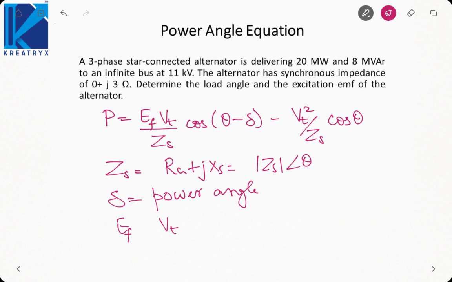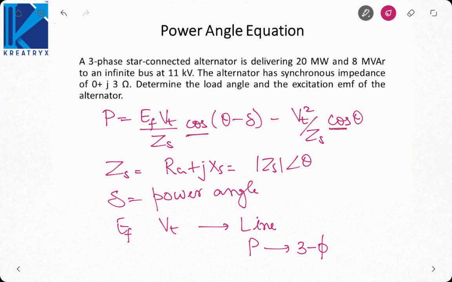Now in this equation, if you put all the voltages in terms of phase voltage, you will get per phase power. If both the voltages are line to line, you will get the three phase power. So remember, if these are line voltages, power will directly be three phase. If you want to find reactive power, just replace cos by sine in this expression.